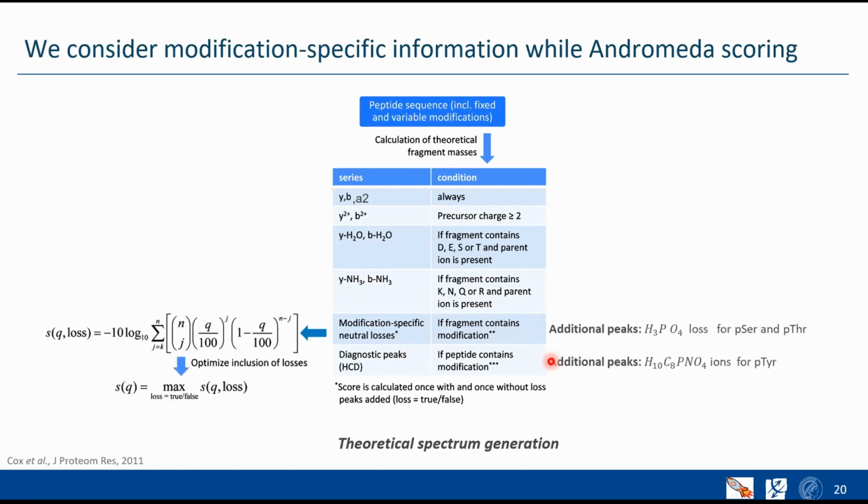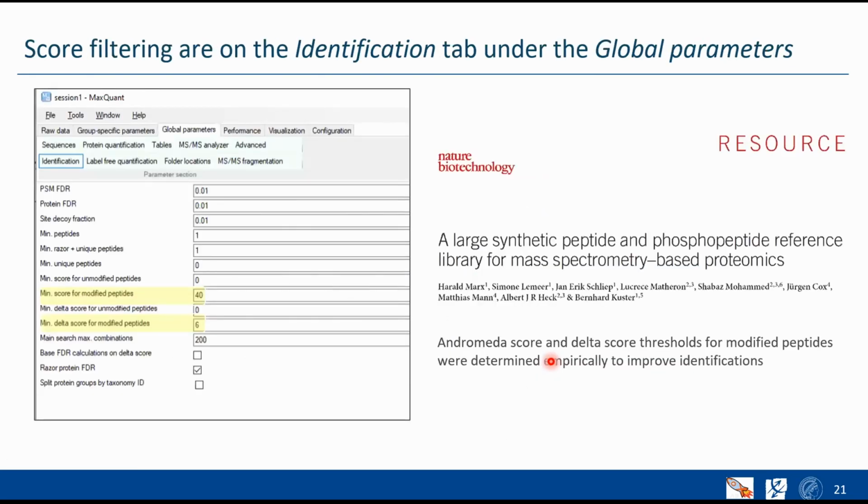There is this very nice formula that you've seen earlier to calculate an Andromeda score for modified peptides. When that is calculated, then there is some filtering going on.